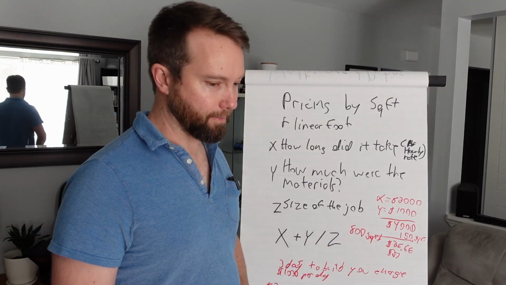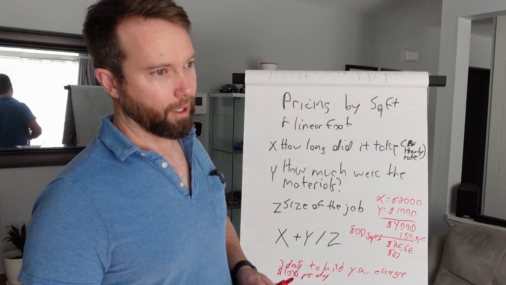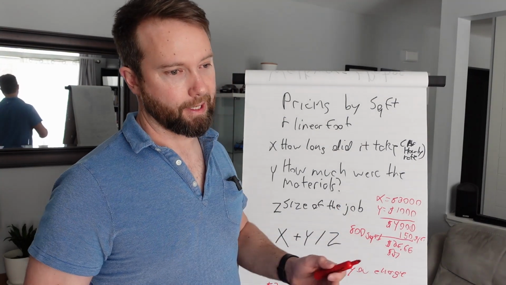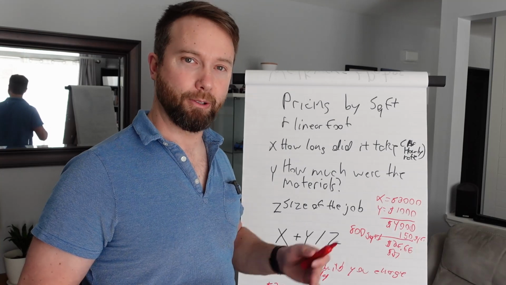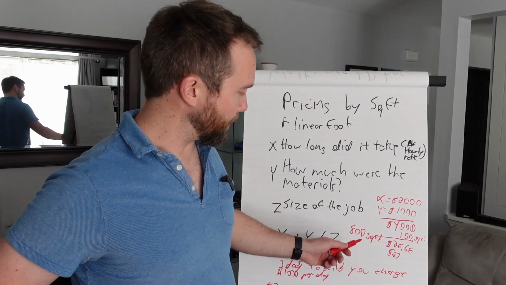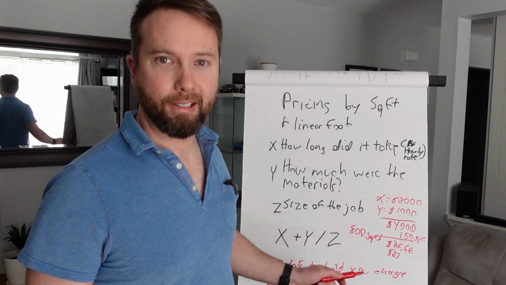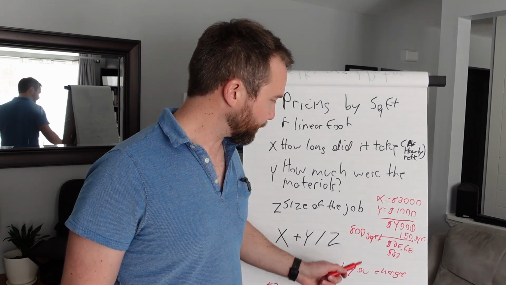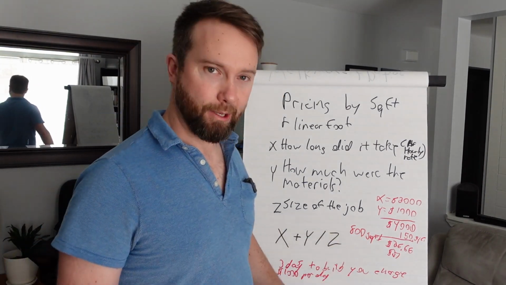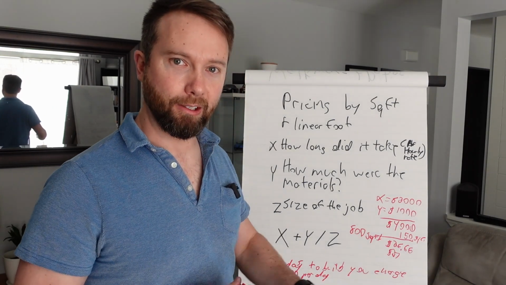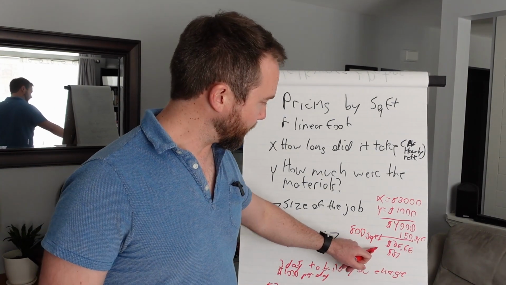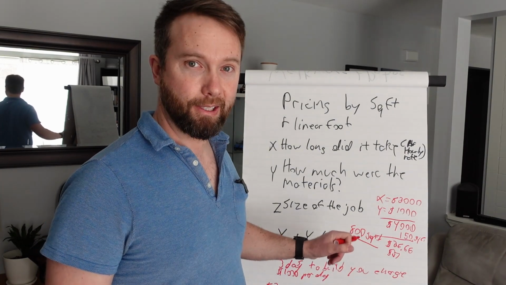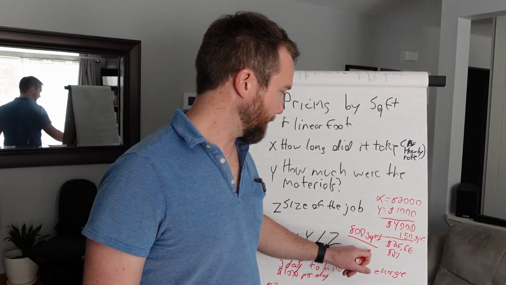Now keep in mind, you might have to raise the price a little bit if you notice things like it's a hard time getting materials into the backyard, so you have to maybe tack on an extra grand or two if you think it's going to take you an extra day or two to get materials back there. And if they want curves, then you got to tack on a little bit more. But it's going to give you a great starting point.